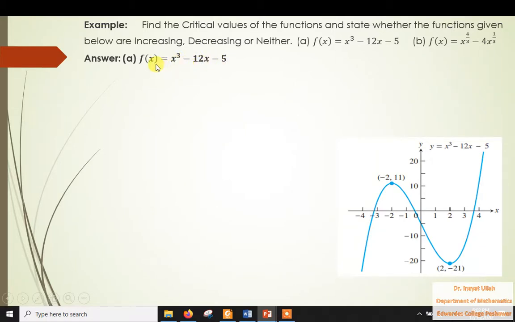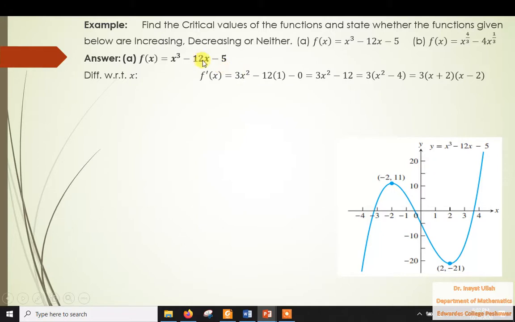We have just studied that we need to find the derivative of this function. So differentiate this function with respect to x. The derivative of f of x is f prime x, and the derivative of x cube is 3x square.